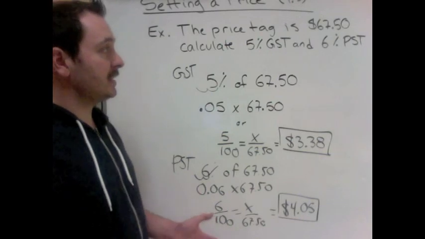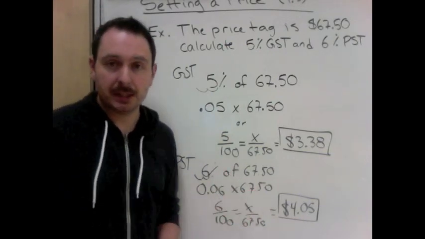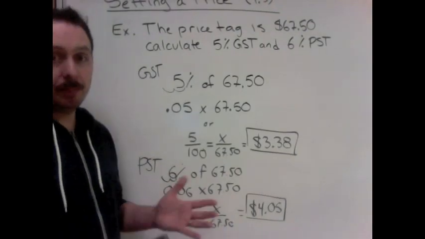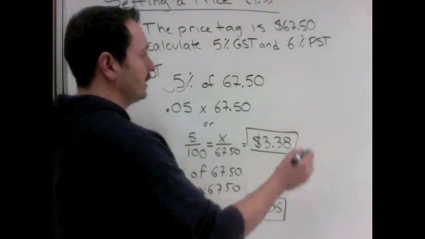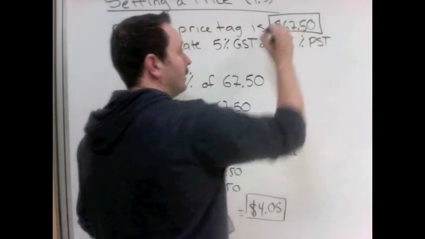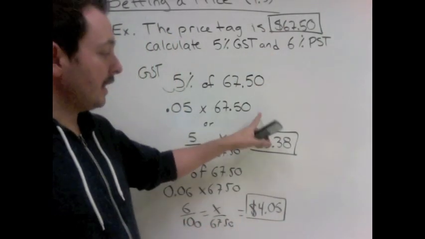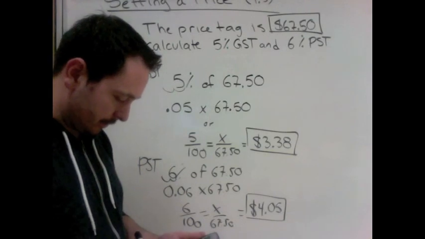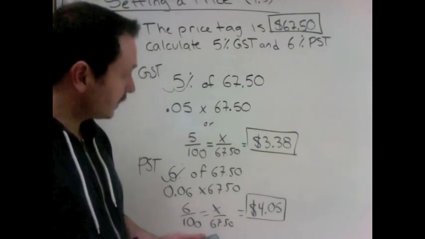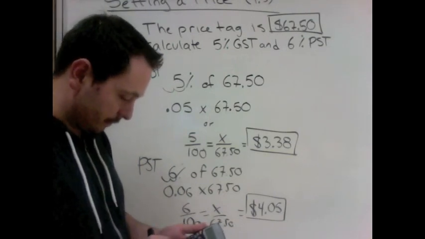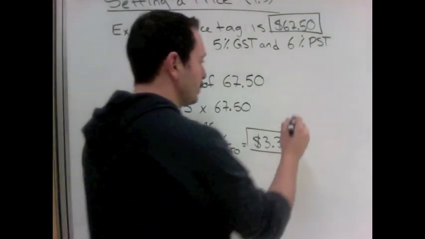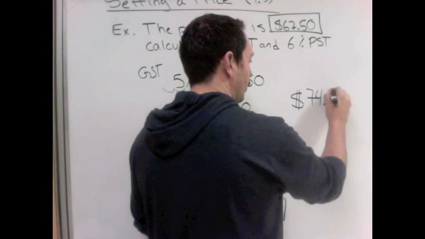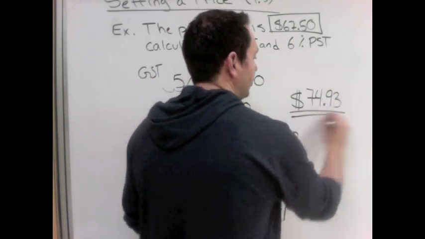Now, a question might just say, how much is the GST, how much is the PST? We're done. A question may also say, now how much are you going to pay for it total? Well, we could take our price of the jeans plus the 2 taxes and add them all together to get our finished price. And our finished price that the consumer will pay is $74.93.